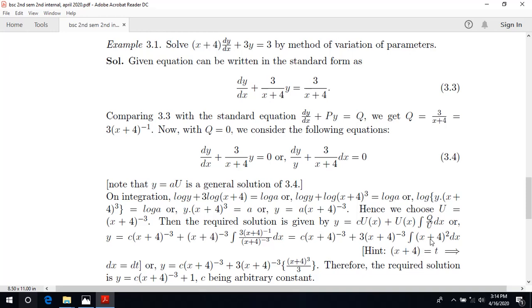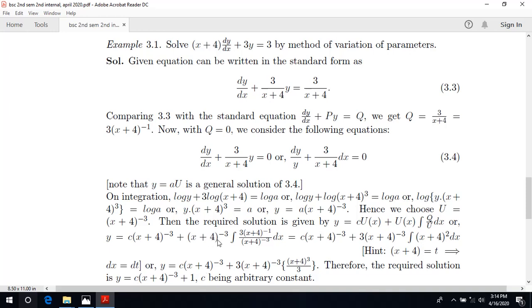And again put back the value of t, that is x plus 4. So this is the final expression. Therefore the solution of this equation is given by y equal to this. After cancellation this will give you 1.